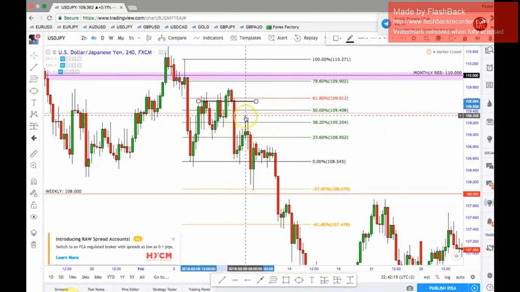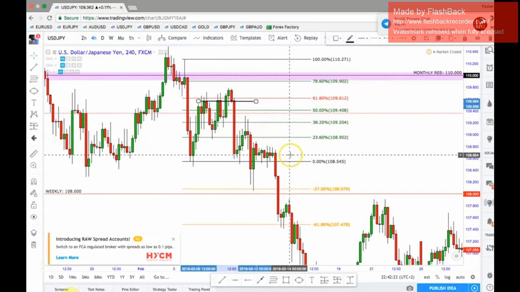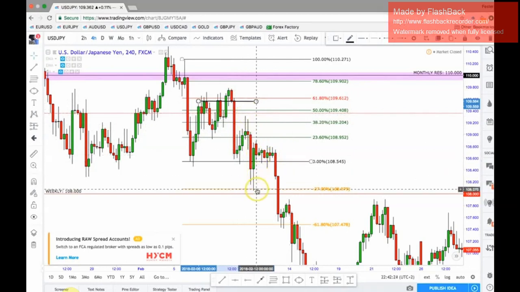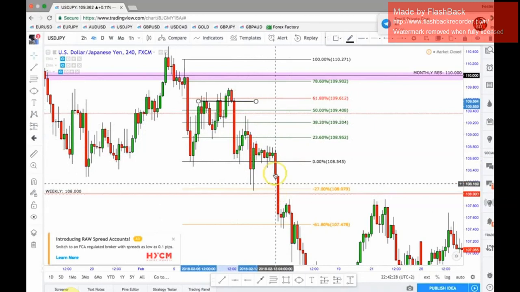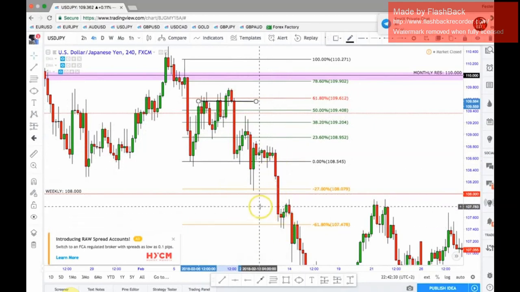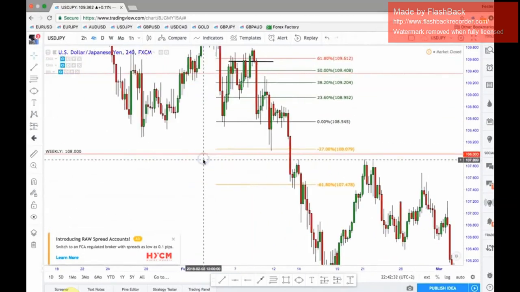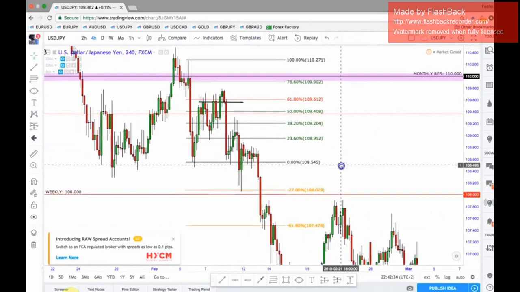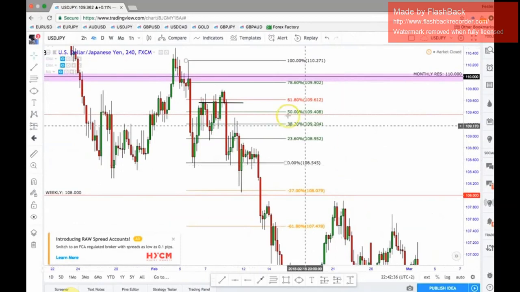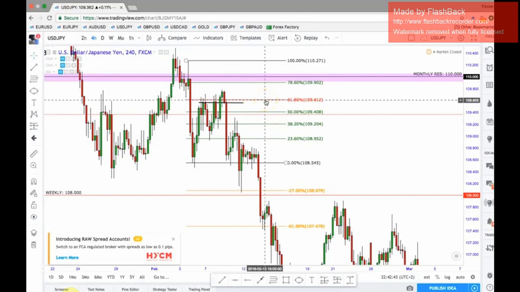Yes, a slight retrace, but the retrace was off at 38.2, then back down and hit our first take profit with precision, and then our second take profit was just after that. So guys, just use your fibs correctly, understanding that 38.2 is an aggressive pullback, 50% is in between, 61.8 is the golden ratio, 78.6 is the best.